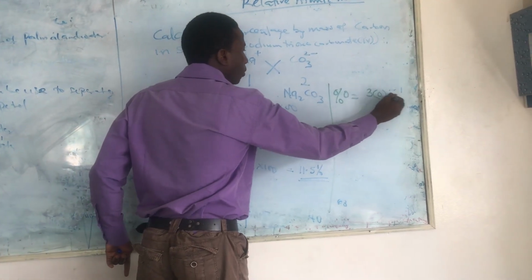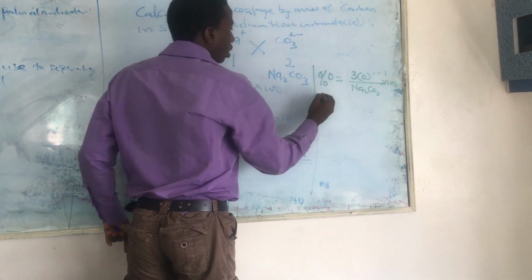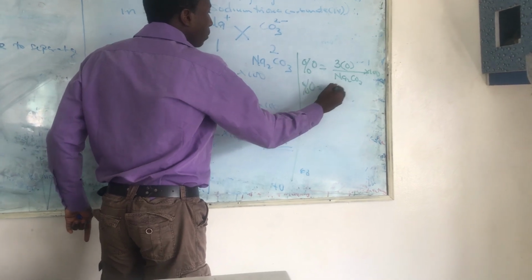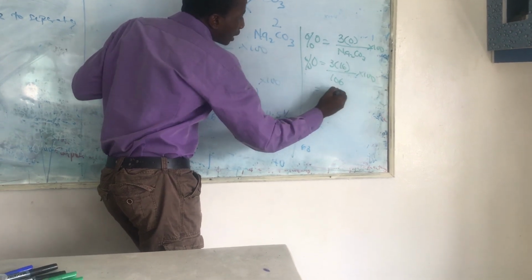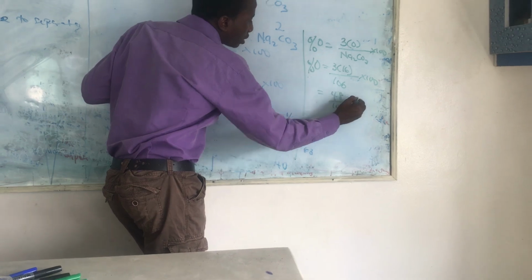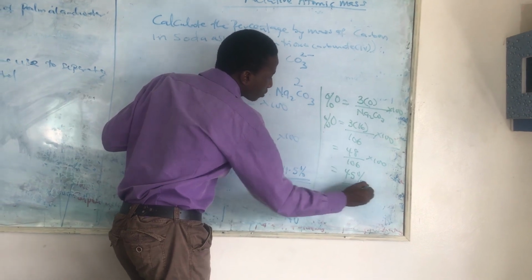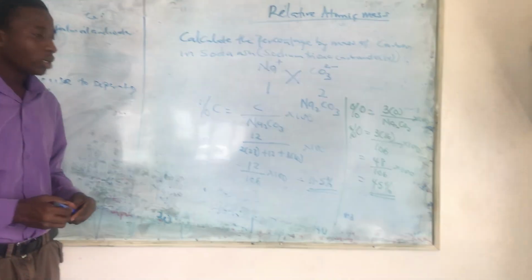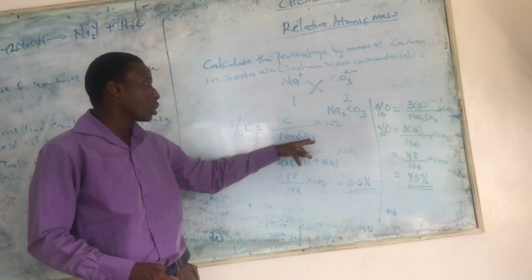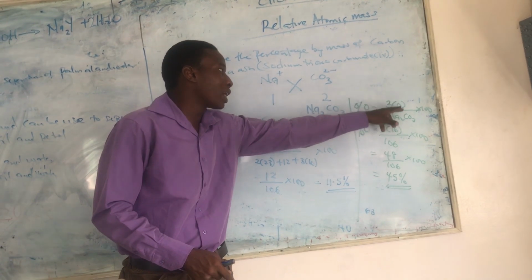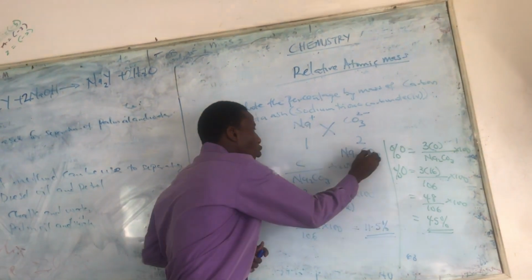That means 3 bracket oxygen over Na2CO3 times 100. That gives us 3 bracket 16 over 106 times 100. And that gives us 48 over 106 times 100. And that should give us 45%. So you can see that the number of oxygen in Na2CO3 determines the number of oxygen we write in the fraction. The reason we write just 1 carbon is because we have only 1 carbon in the compound.